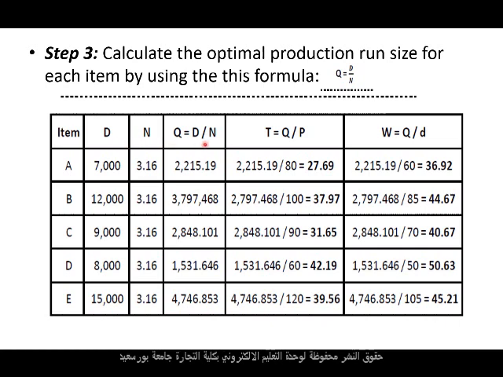Q equals D over N, for example 7,000 over 3.16, and so on.